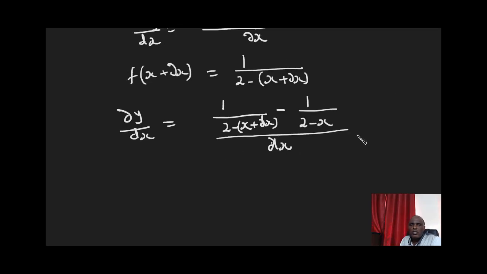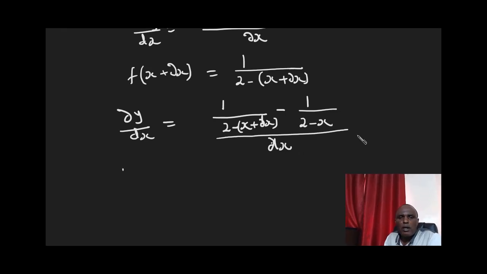Two fractions at the numerator, so we have 1 over 2 minus x minus dx, subtract 1 over 2 minus x.